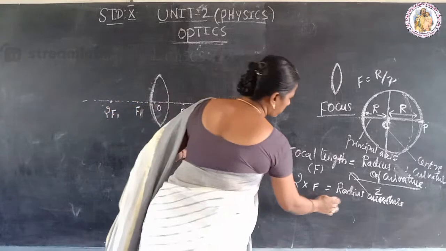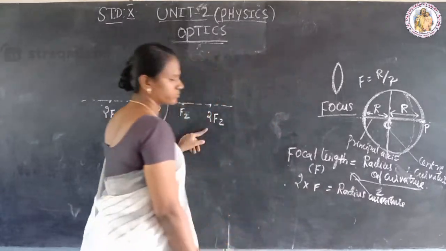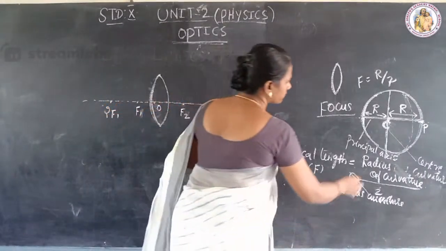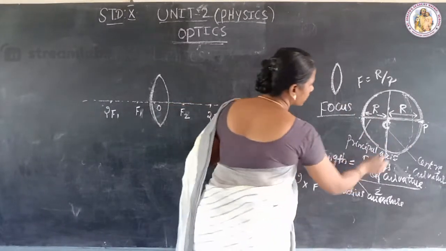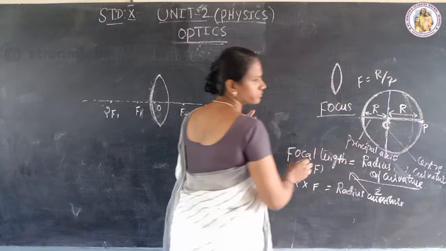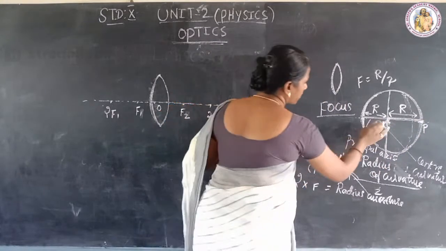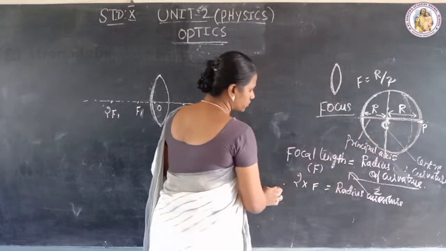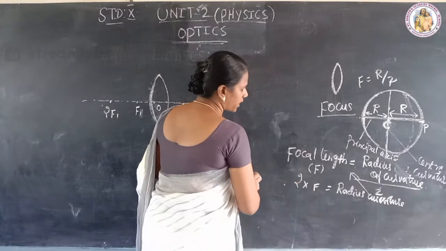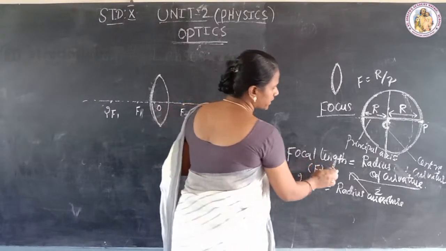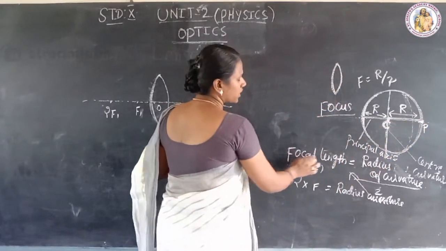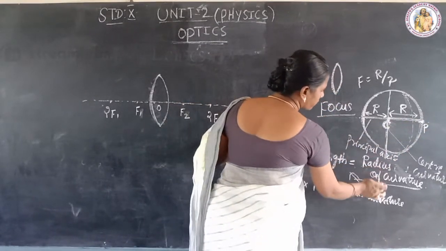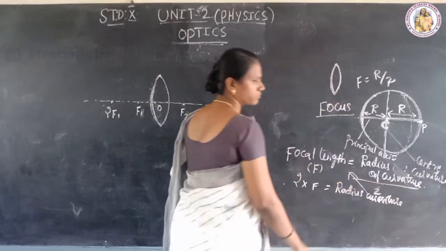Here, as in the spherical mirror, the radius of curvature is equal to 2 into F. We already said that the focal length is equal to radius of curvature by 2.